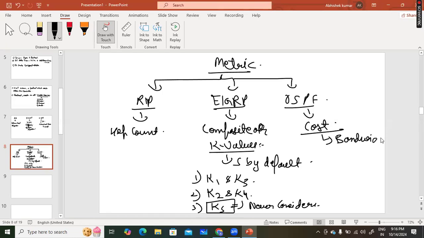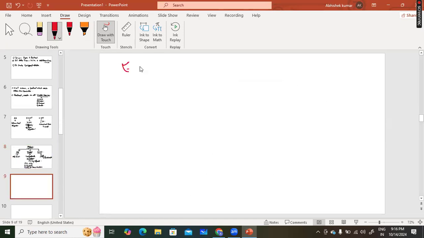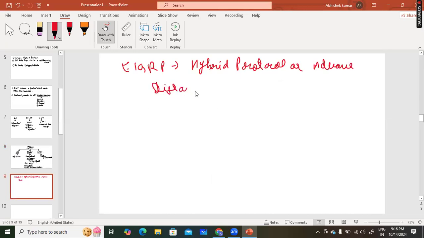Exactly, bandwidth. If you remember, we called EIGRP a hybrid protocol, or an advanced distance vector routing protocol. What is the meaning of hybrid?